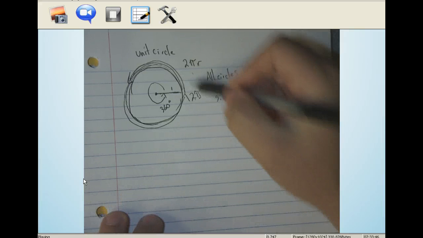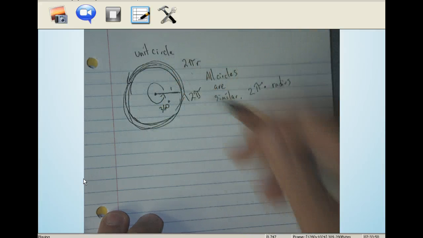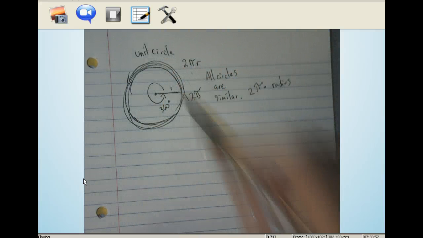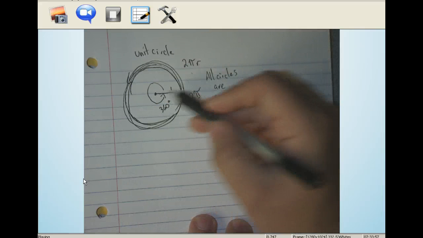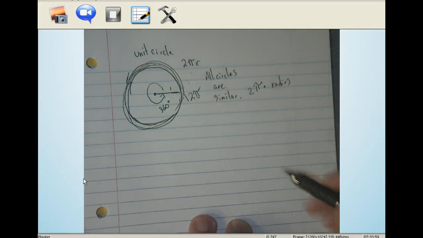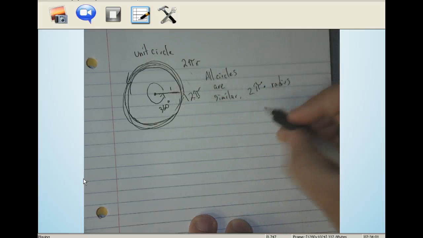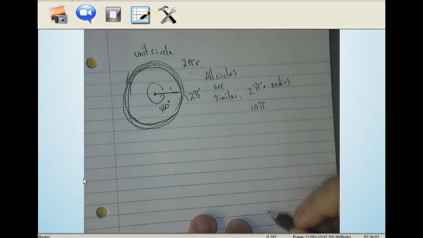So the proportionality will remain the same. The trip around the circle is going to stay proportional to the radius. So if I've got a radius of 5, then all the way around is 10 pi, right?